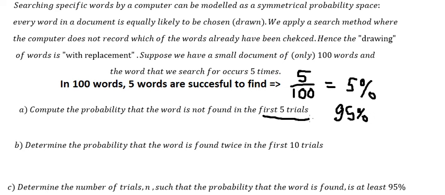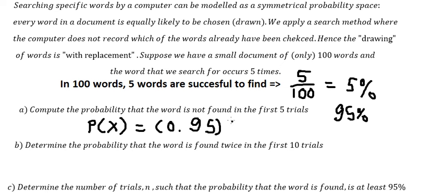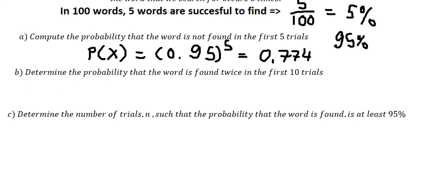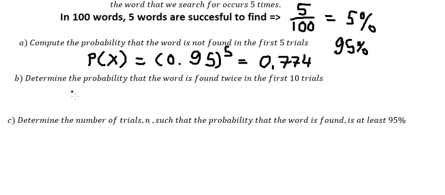But in the first 5 trials, so that means the probability in here is about 0.95 to the power of number 5. So we calculate this one and we got 0.774, and that is the answer for question A.